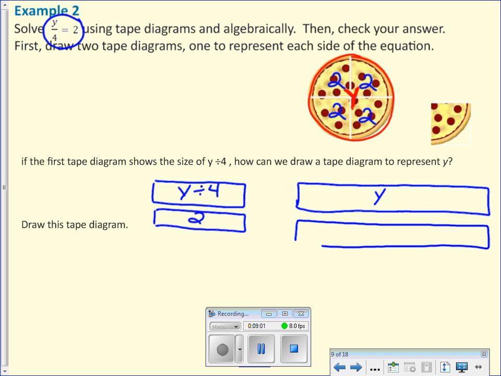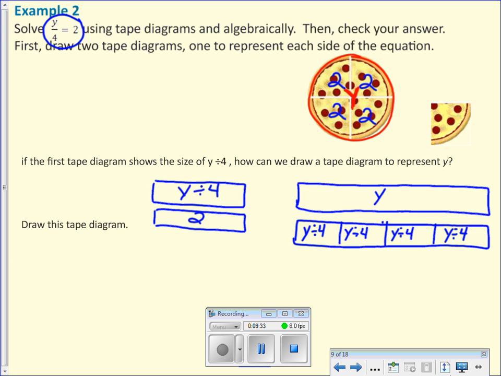So we have y divided by 4. Why did I draw 4 boxes to equal y? Why did I take y and divide it into 4 boxes? Yeah, it's y divided by 4. So I need 4 boxes to equal that whole y.